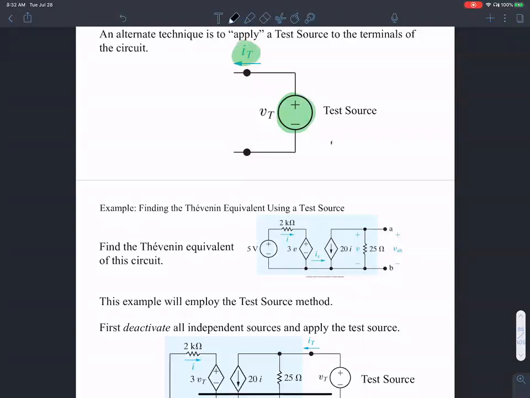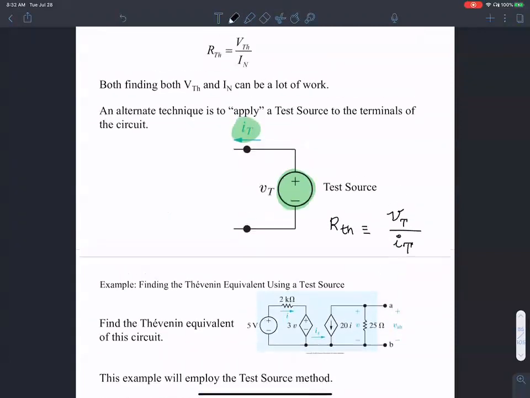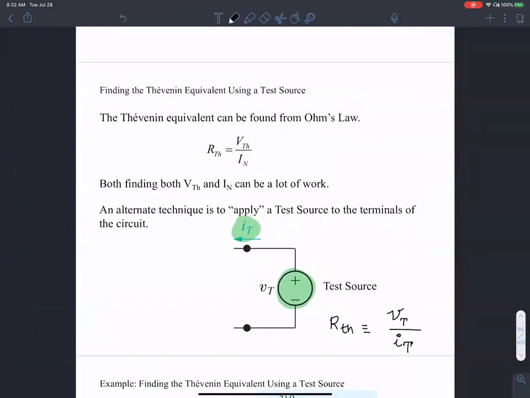In order to find our Thevenin, I define our Thevenin as the applied test voltage over the observed test current, V test over I test. So this is a new technique. This is applicable when there are dependent voltage and current sources.